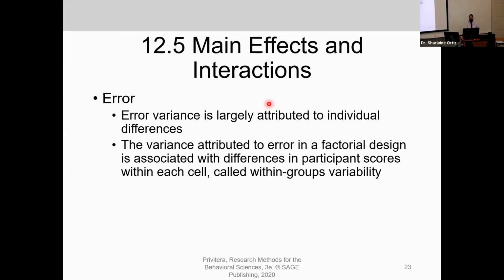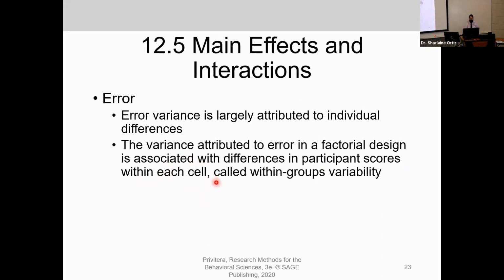That is error. Error, as I mentioned earlier, error variance is generally largely attributed to individual differences. Notice that in this regard, when we are thinking about a factorial design, remember that this is generally associated with the difference in participant scores, and it could be within each cell.